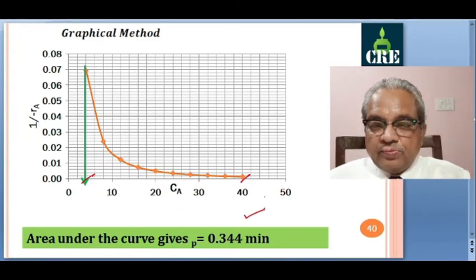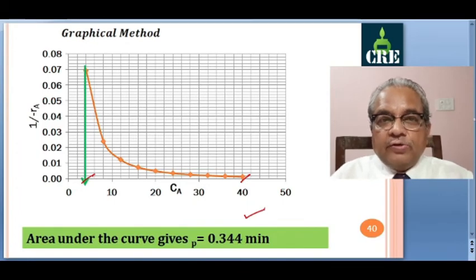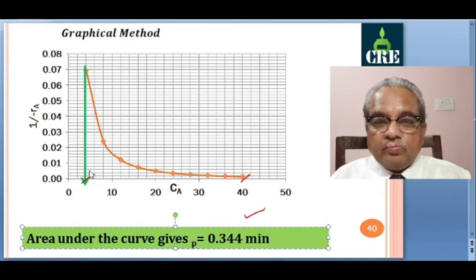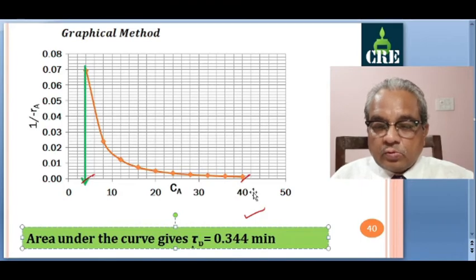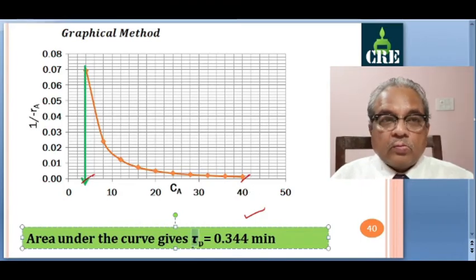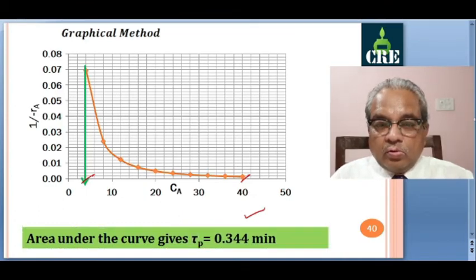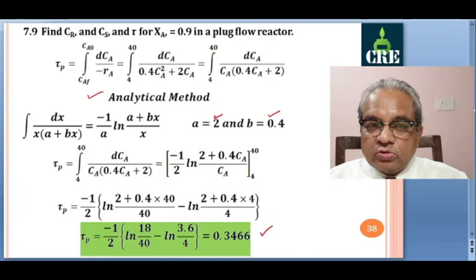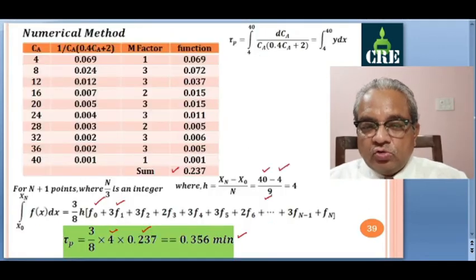So you get tau p is equal to 0.344. It is very close to the analytical solution.